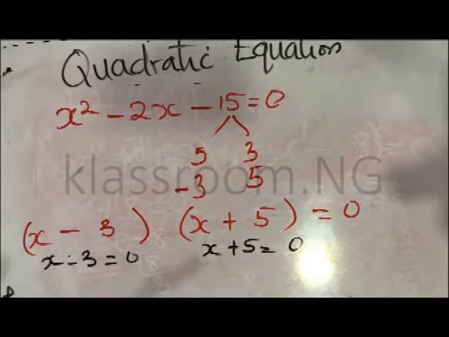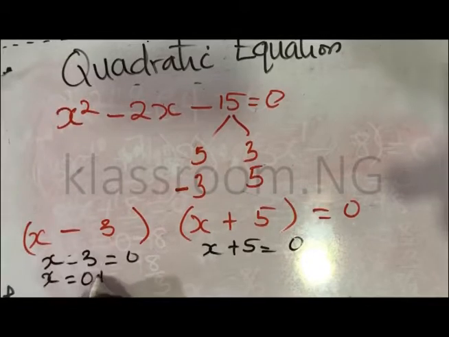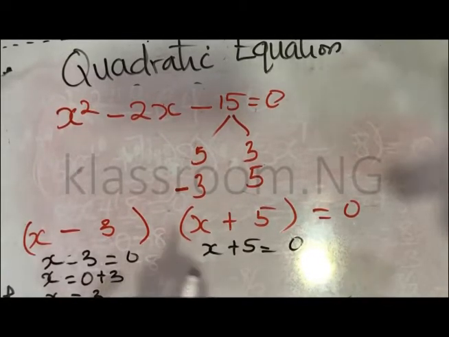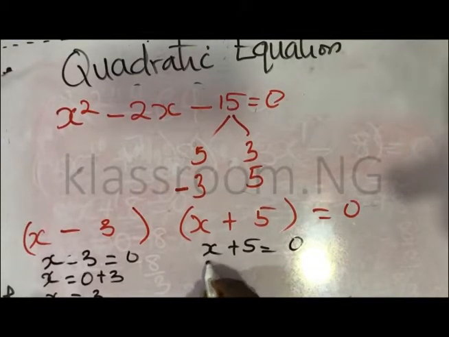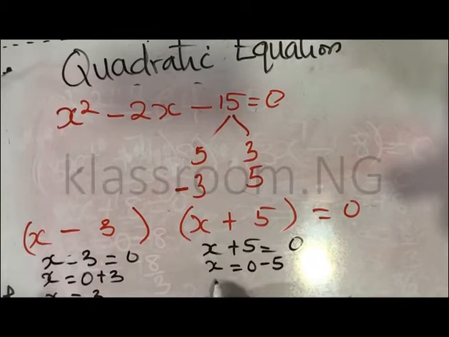So we're going to solve them one after the other. So here we're going to have x equal 0 plus 3, giving us x equal 3. Then we have x equal 0 minus 5. Then we're going to have x equal minus 5.